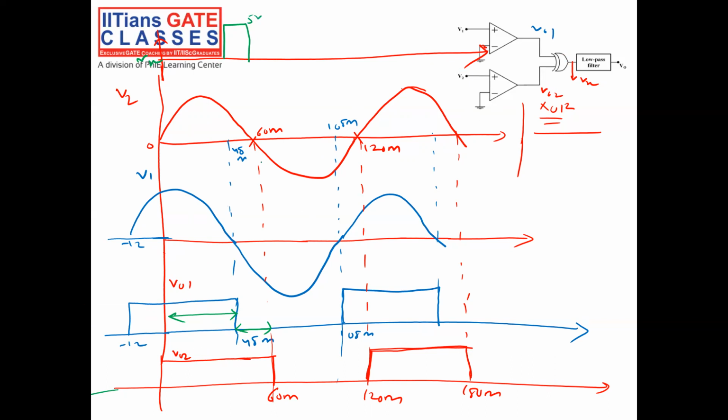Again this is 60 millisecond, 60 minus 48, which is 12, clear? Again you see, for this duration V01 is 1 and V02 is 0, so the output will be 1.